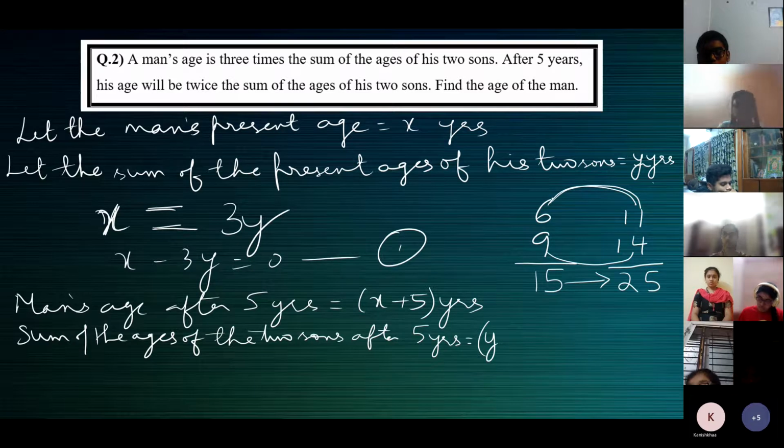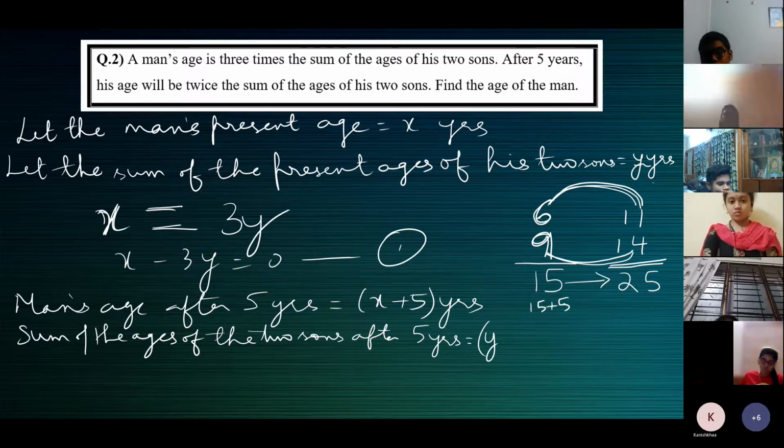See here. One of the boys is 6 years old and the other is 9 years old. After 5 years, this boy will be 11 and this boy will be 14. What is the new sum? 11 plus 14, 25. But we were all saying 15 plus 5, which means you're increasing only one boy's age by 5.